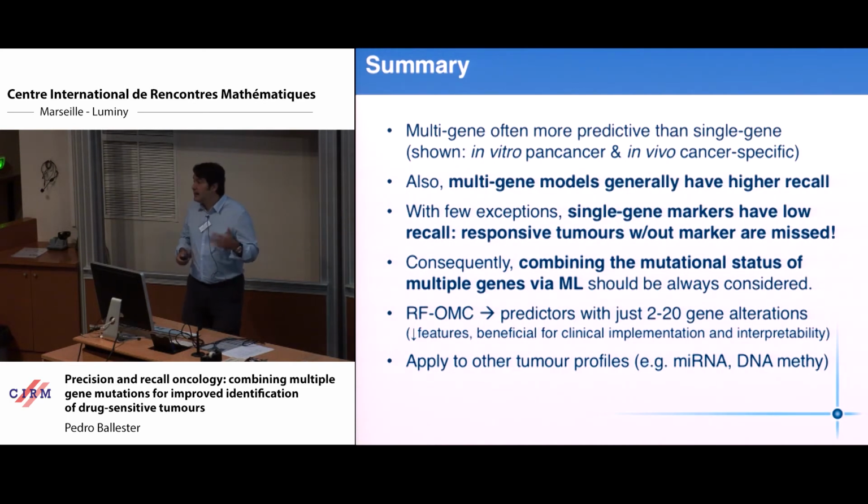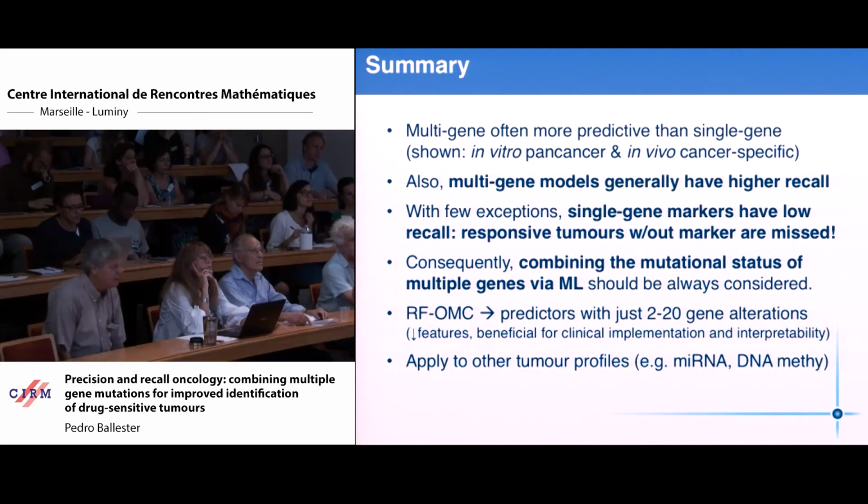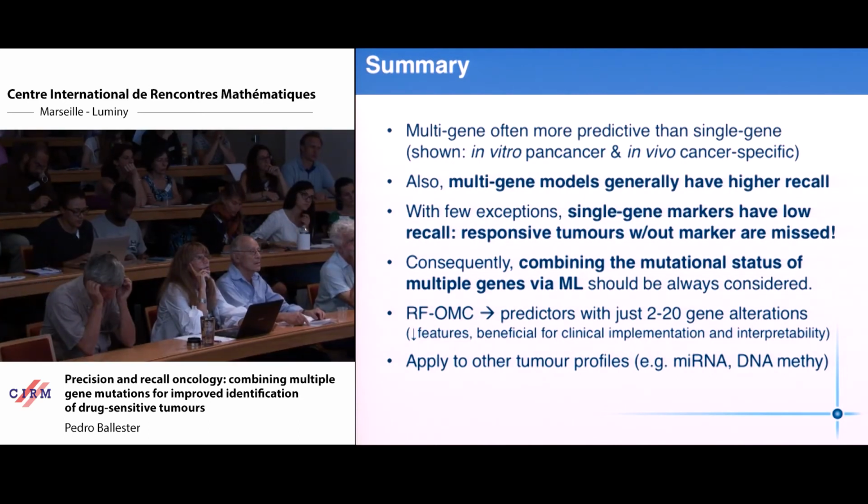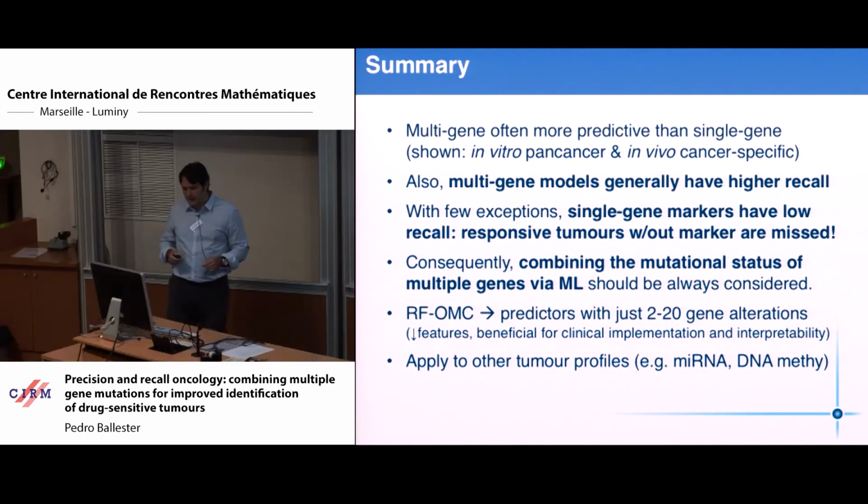Multi-gene models generally have higher recall, and with few exceptions, single-gene markers have low recall, so responsive tumors without the marker are missed. Consequently, combining the mutational status of multiple genes via machine learning should always be considered. It might not be the best model for that particular treatment, but in some treatments it will be the best model, so we are missing opportunities by not using them.